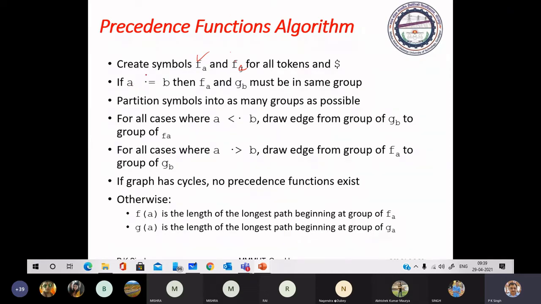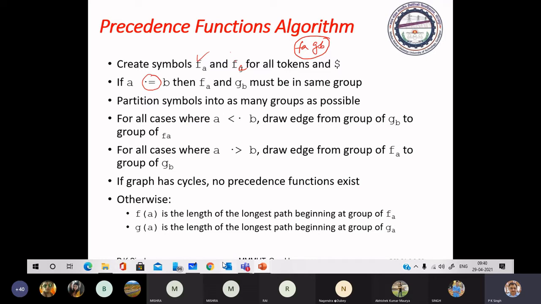Now we look for this relation between two terminal symbols, and if we have this relation, then f of A and g of B will be in the same group. Using this we partition the symbols into groups, and then for each group we create a node.